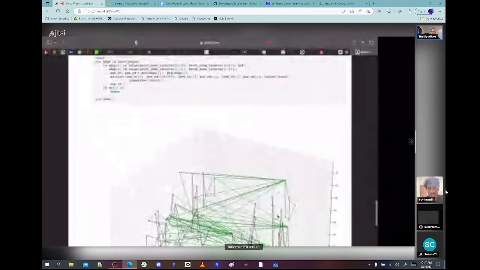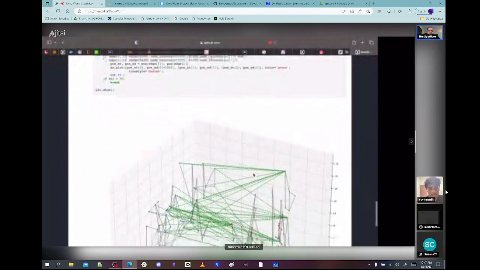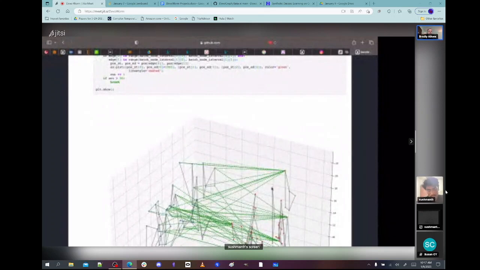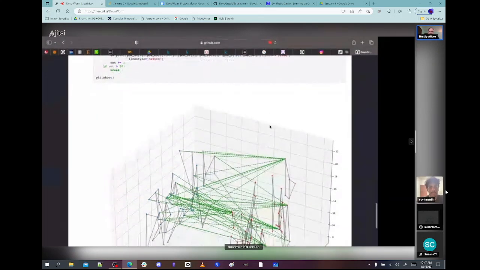So you can use different criteria to form the connections. I don't know what criterion he was using here. The important thing is that you have a bunch of points, and it's extracting potential networks. These are just potential connections that they're generating.